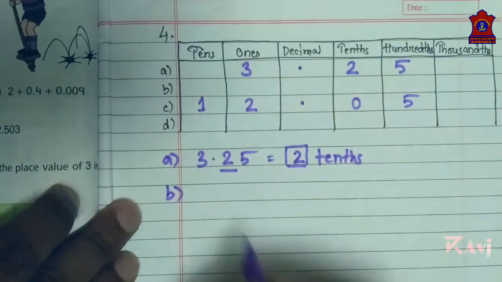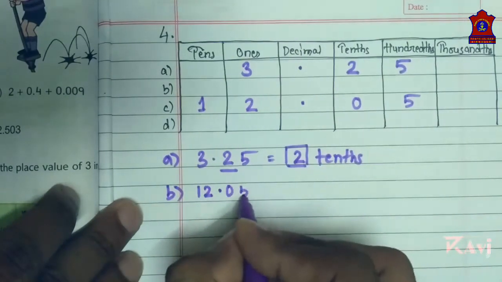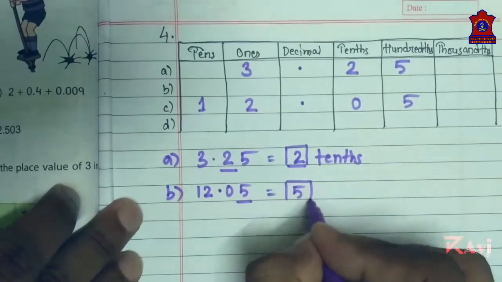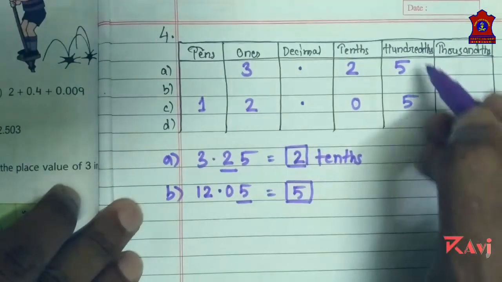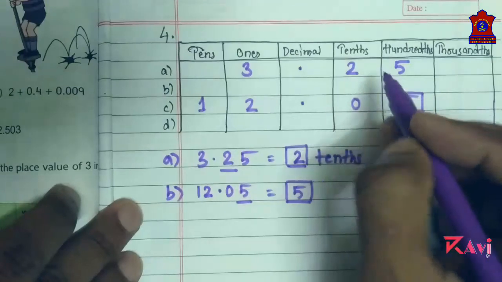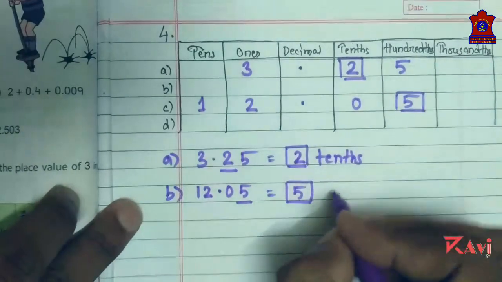What is the place value of 5? 5 is the colored digit here. So write 5, 10th, 100th. 5 is at 100th place. So here we can mark. Here also we can mark. Clear? 100th.